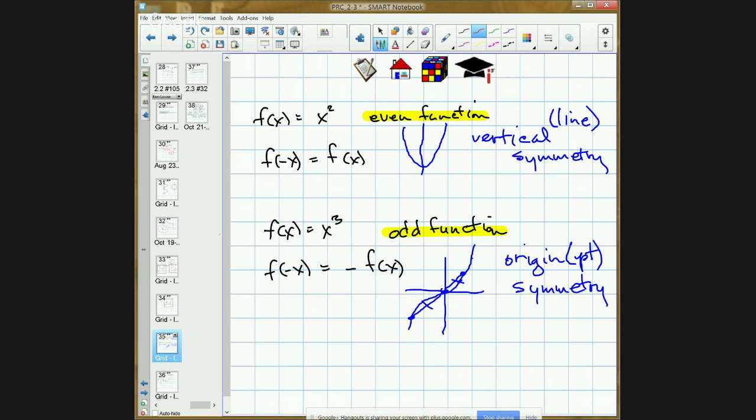So when you change the sign on x, the answer for y doesn't change. For example, when you take x squared, if you take the point 2, what's 2 squared? 4. Now take the same number with a negative sign. What's negative 2 squared? It's still 4.